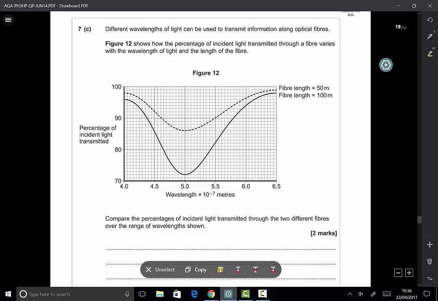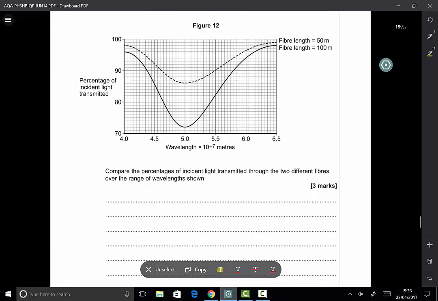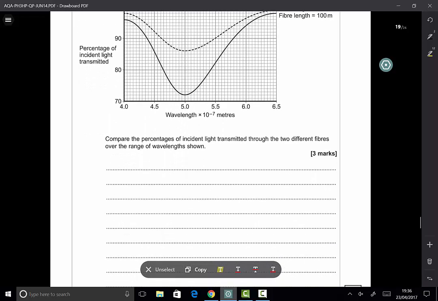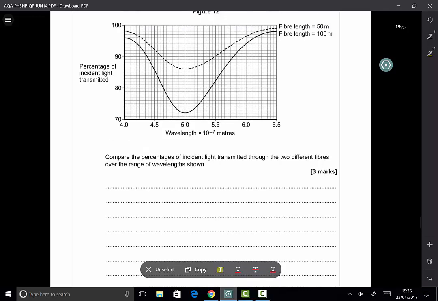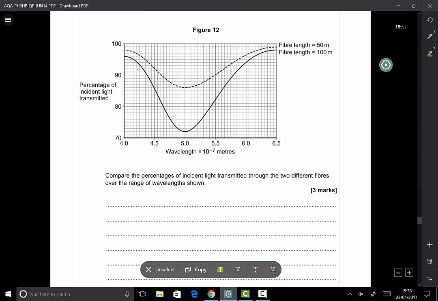Different wavelengths of light can be used to transmit information along an optical fibre. Figure 12 shows how the percentage of incident light transmitted through a fibre varies with wavelength and length of the fibre. Compare the percentages of incident light transmitted through the two different fibres over the range of wavelengths shown. So, let's start with giving the general pattern.